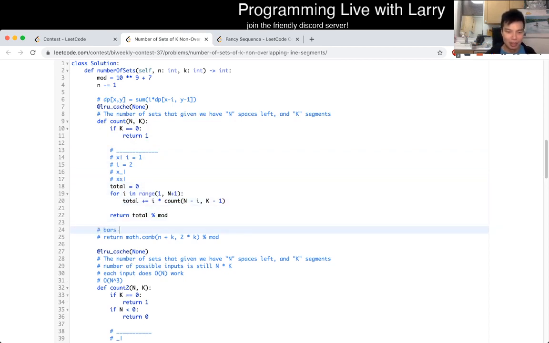I did not learn this term, so I would Google it to get an understanding of it. But basically, you have n spaces and k dividers, right? And you're trying to figure out how many dividers there are, and this comes up to the answer. We have to mod it, but that's pretty much it.